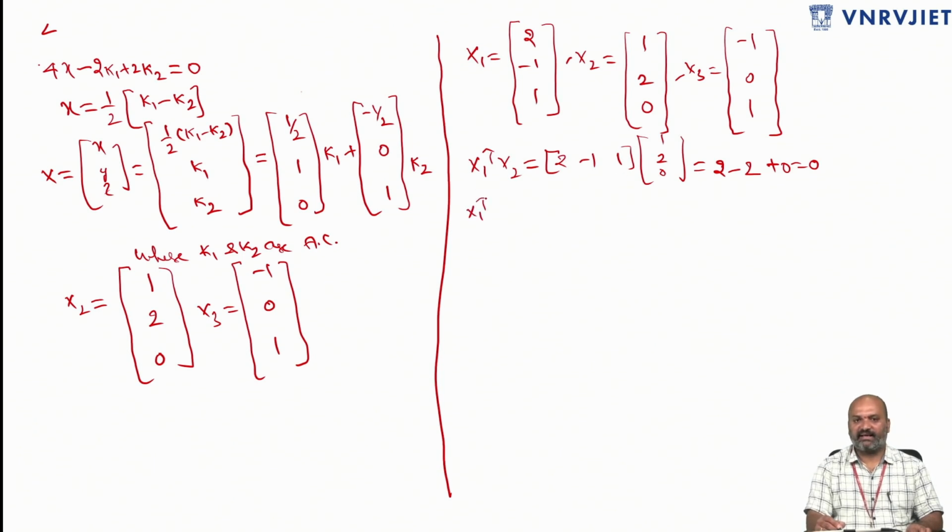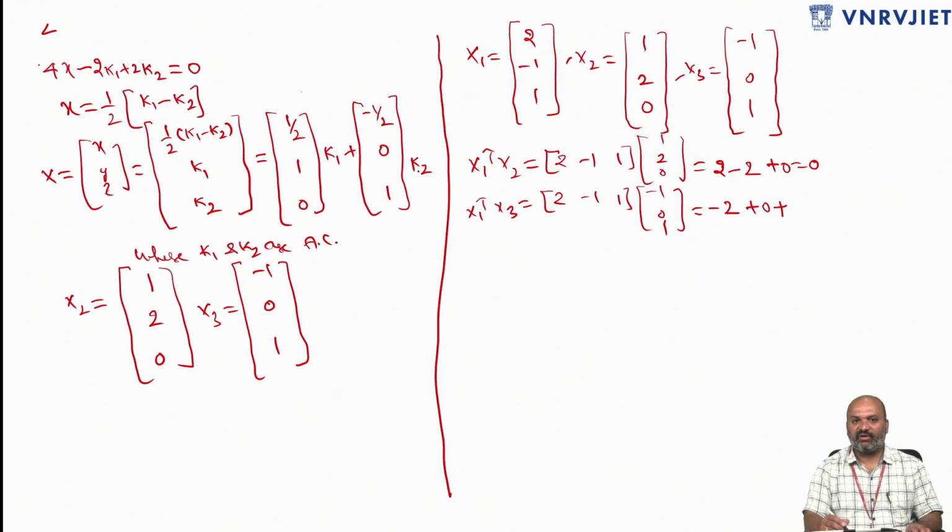Similarly, if you consider x1 transpose x3, this is 2, minus 1, 1, and this is minus 1, 0, 1, and if you multiply, minus 2, plus 0, plus 1. Something we did wrong. Sorry.